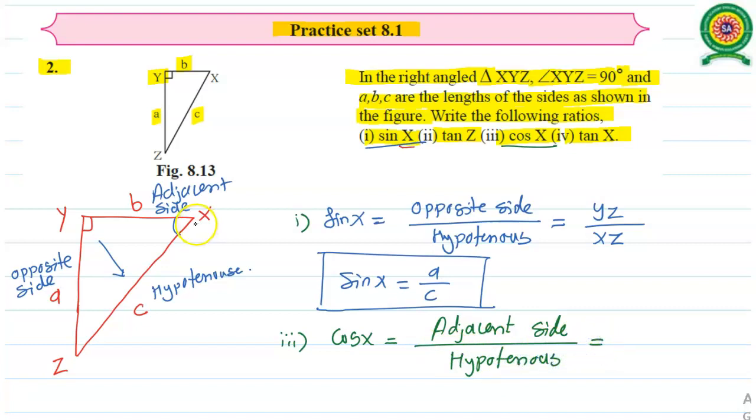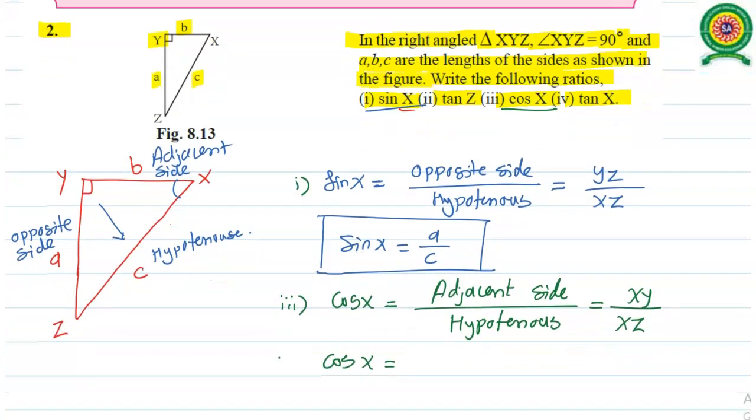We have XY and hypotenuse is XZ. So now what is the value of XY? Look at the triangle, XY becomes b here and XZ we have as c. So we are getting cos x value becomes b divided by c.